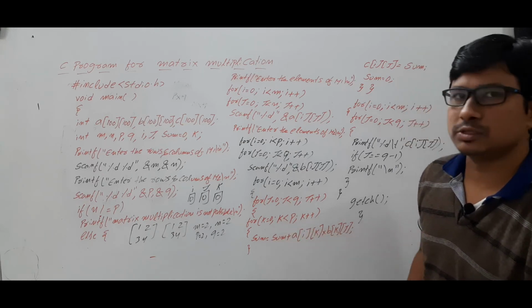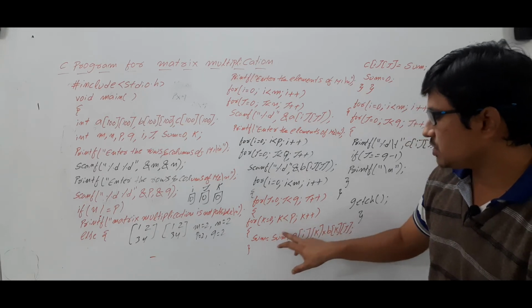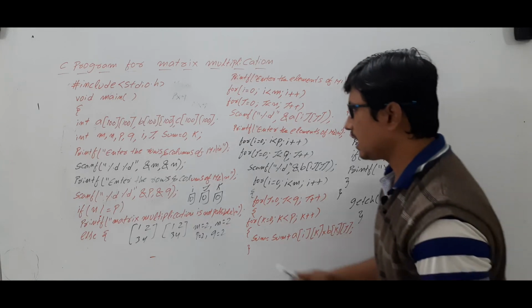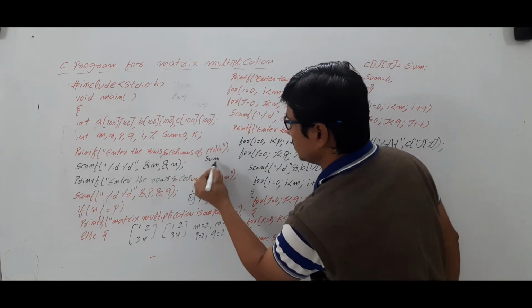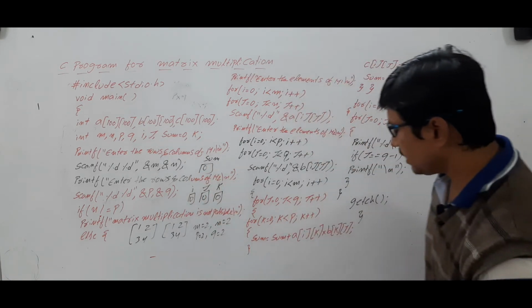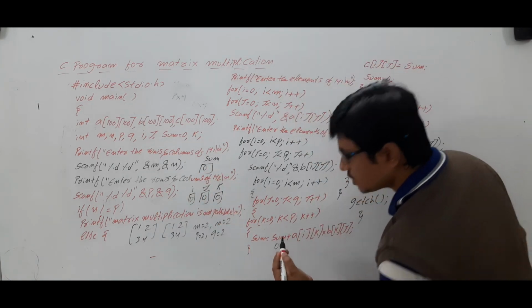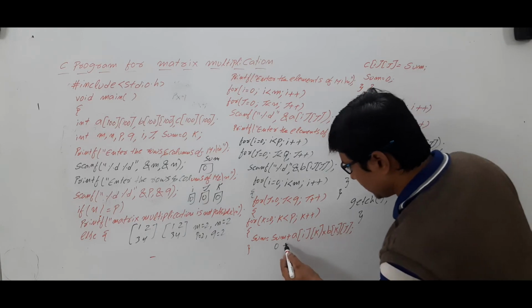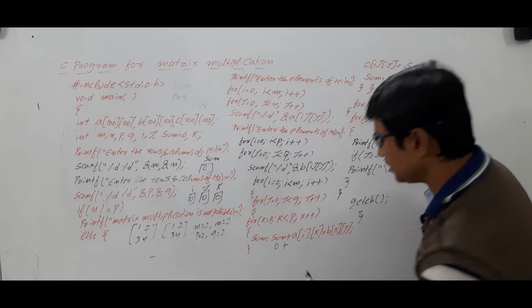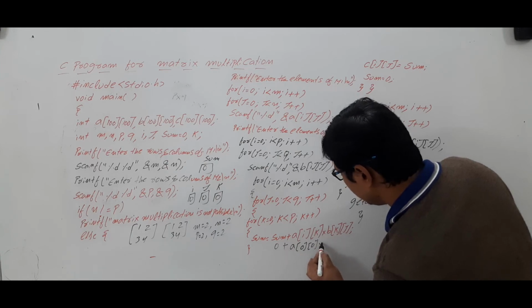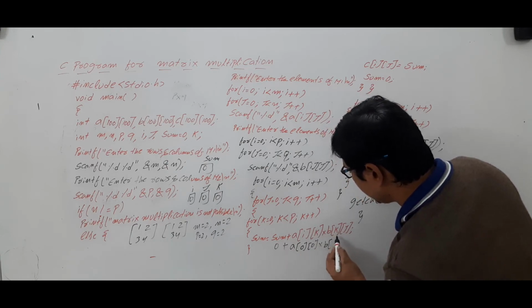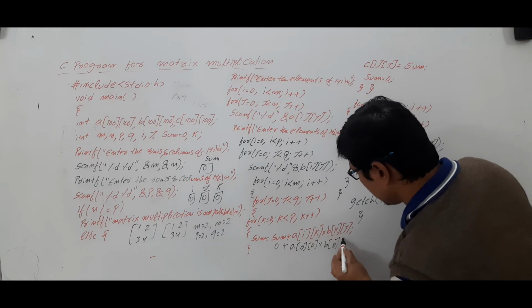So it will come to this statement. Sum is equal to sum plus... Currently what is the sum value? 0. So sum is equal to 0 right now. It will perform sum is equal to sum plus a of i, which is a of 0, 0, into b of k value 0, j value 0.